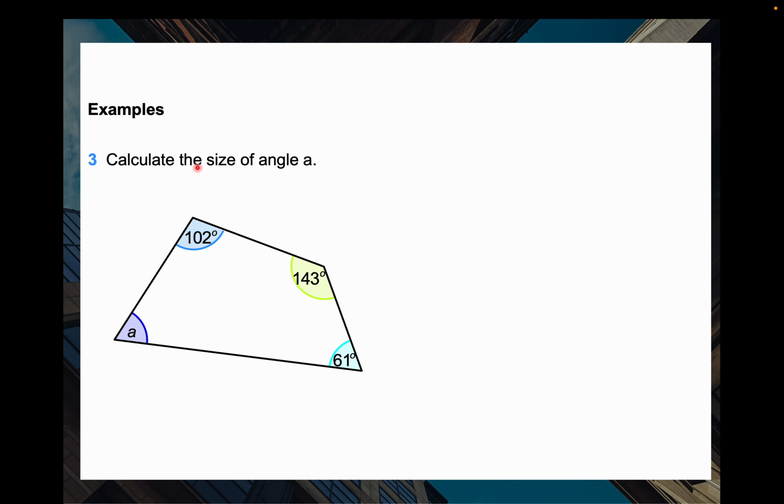So now let's have a look at one more example. This example assesses the angle property that we know from quadrilaterals. We said that the sum of the interior angles of a quadrilateral adds up to 360 degrees. So that means if I add A, 102, plus 143, and plus 61, it will give me 360 degrees.